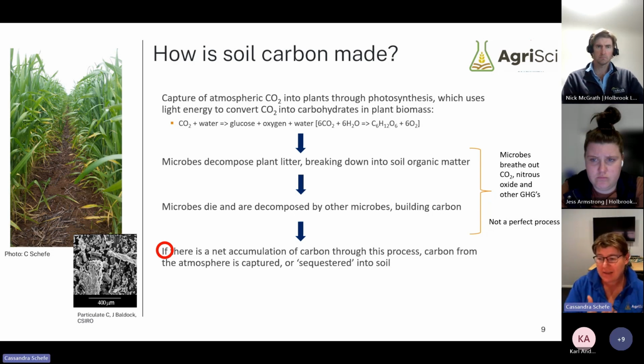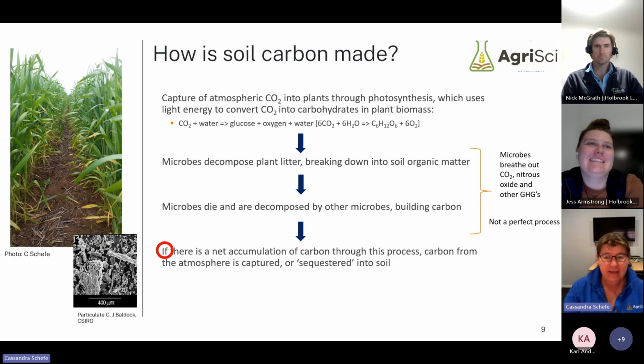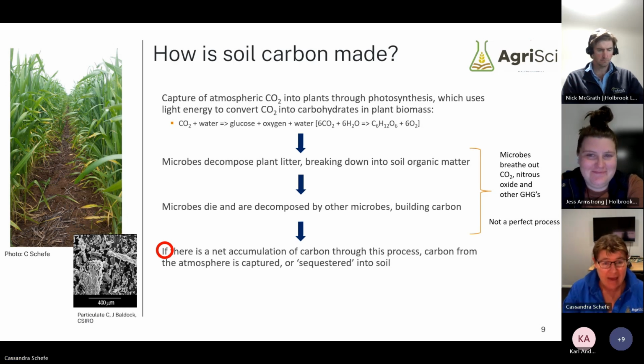So we're kind of in this balancing act of we want carbon in our systems, we want organic matter in our systems, but we also want microbial activity. We want microbial function. We want biological cycling as a key aspect of soil health. So when we're considering where we're up to with our carbon source and what we want out of organic matter and soil carbon, we really need to consider that we can't have everything.